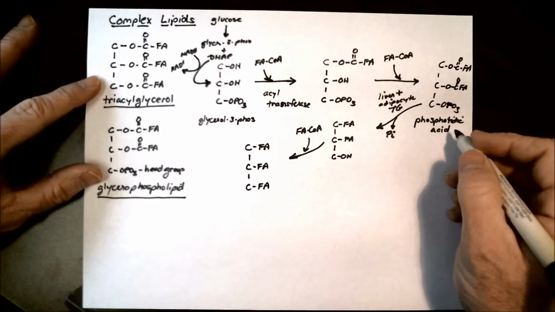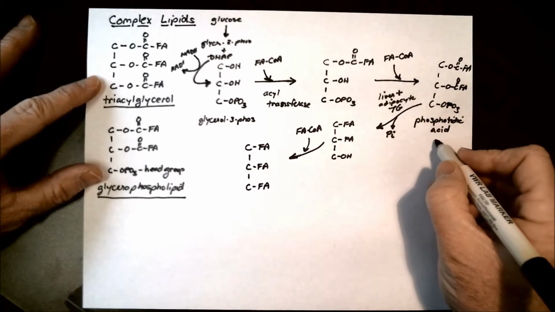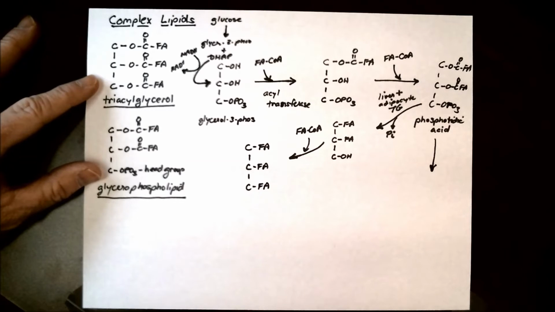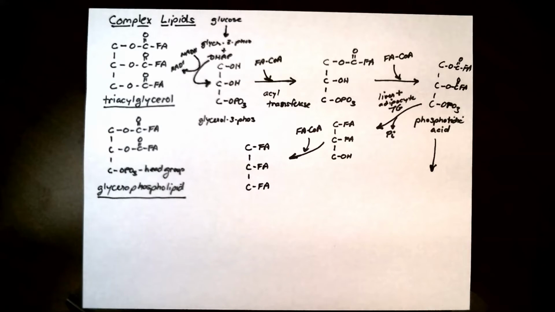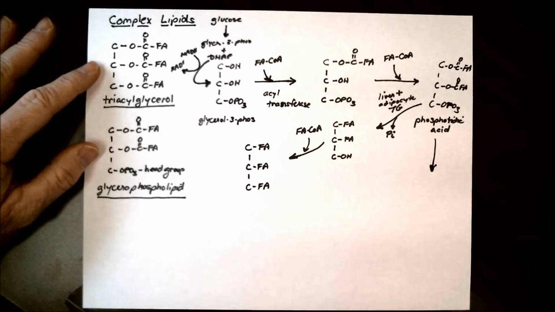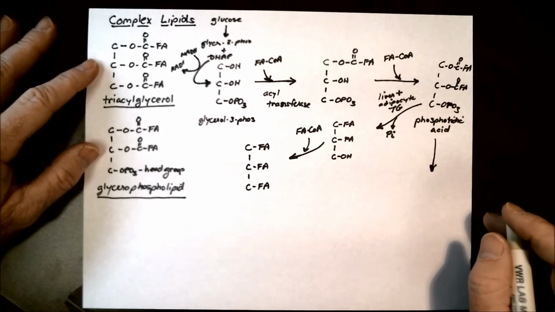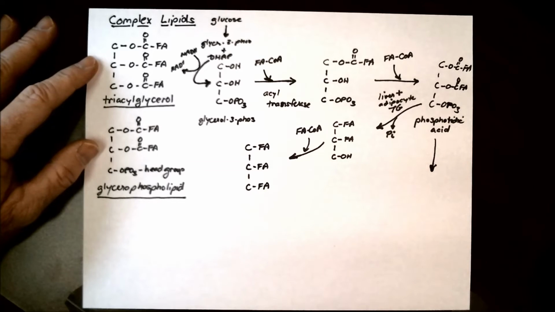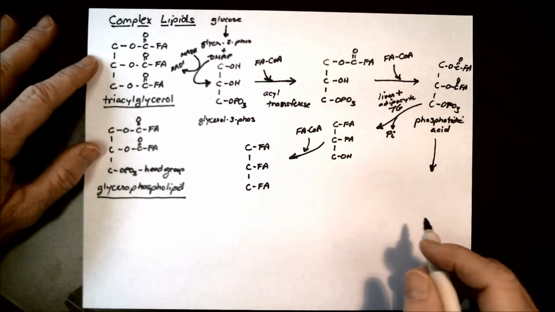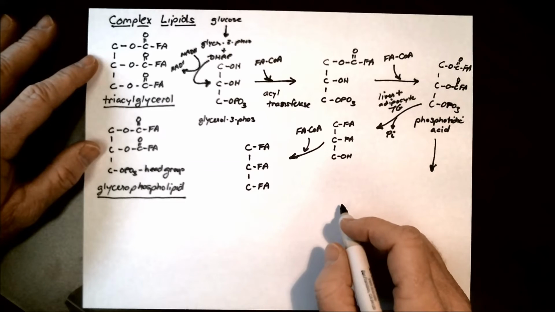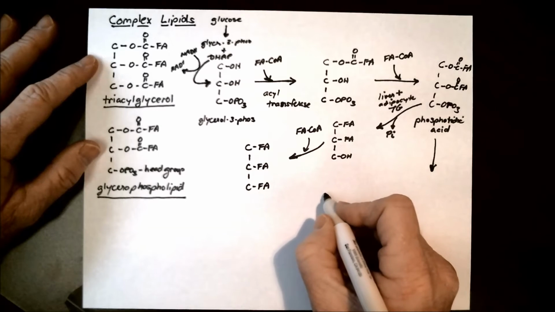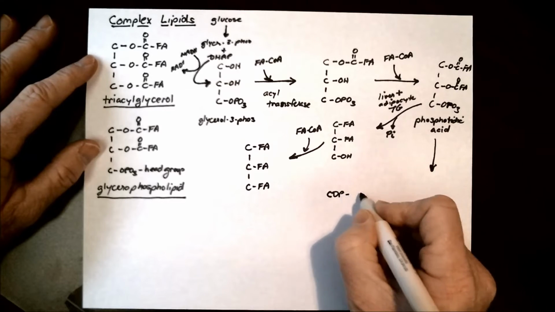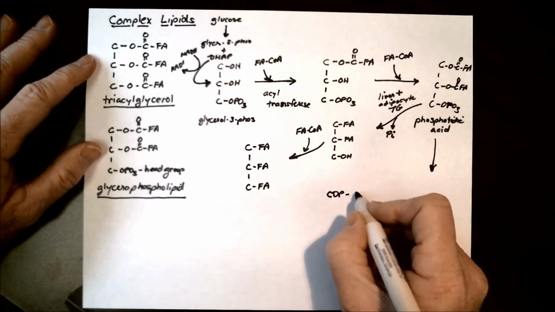The other direction we can have here with the phosphatidic acid is to add a head group. Now the head group can come in 3 primary forms, although there are additional ones we'll talk about in a second. And these head groups are going to be added onto the phosphate group. The 3 primary head groups that will be added will be phosphatidylserine, and I'll explain the CDP in a second.